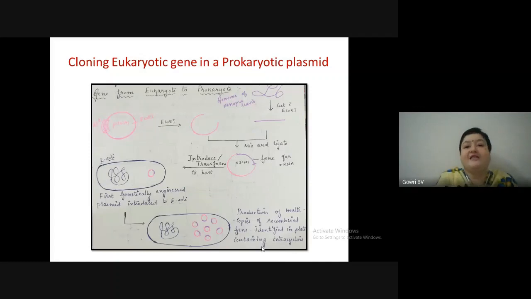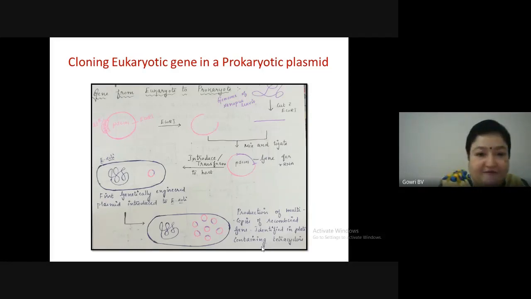What was the experiment done? Just look into the picture below. They took the vector pSC101, which shows resistance to the antibiotic tetracycline, and one restriction endonuclease site is mentioned, EcoR1. They isolated the rRNA genome of the African toad Xenopus laevis, and both were restricted with the restriction endonuclease EcoR1.